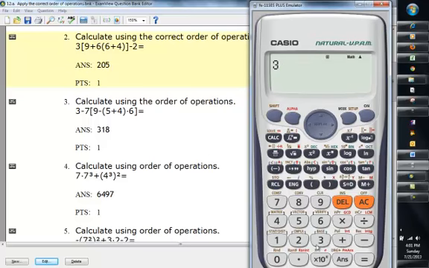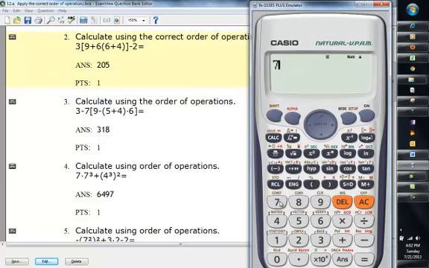Same thing for the next one, 3 minus 7. As soon as you put in a parentheses, that means multiply, times 9, minus. In this case, this minus sign is actually a negative 1 exponent, and so it's going to distribute that parentheses and then times 6, close parentheses, and you get 318.